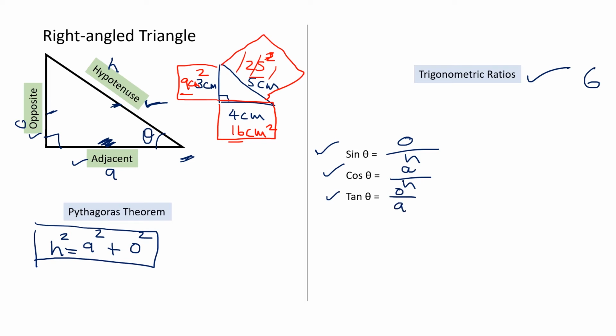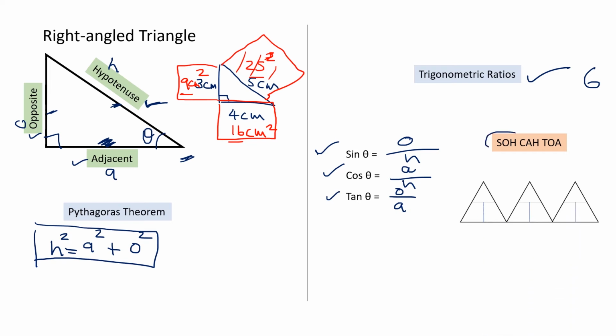You can find this formula in your formula sheet. However, you may remember using the mnemonic SOH-CAH-TOA. From SOH, sine equals opposite over hypotenuse.